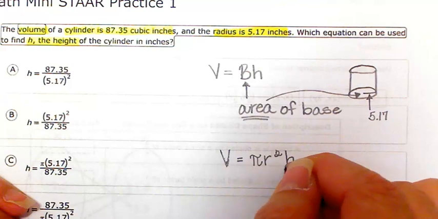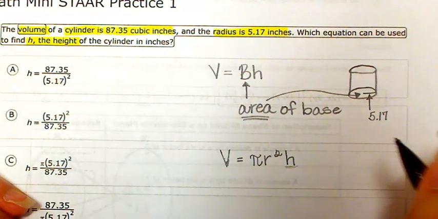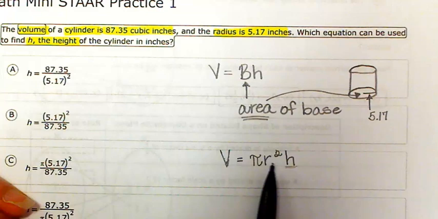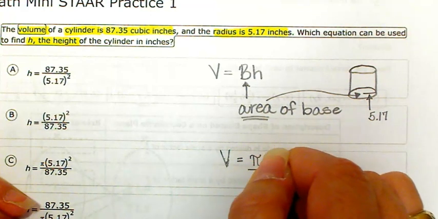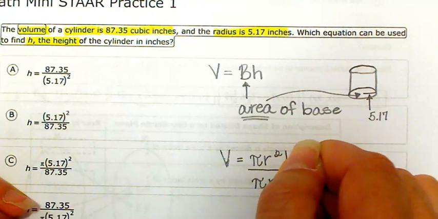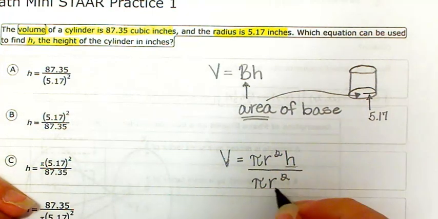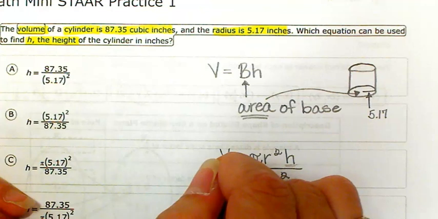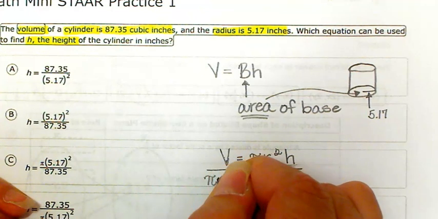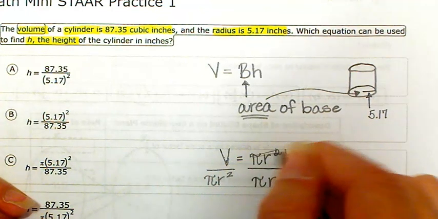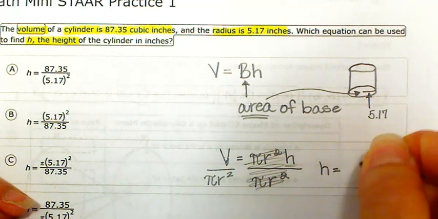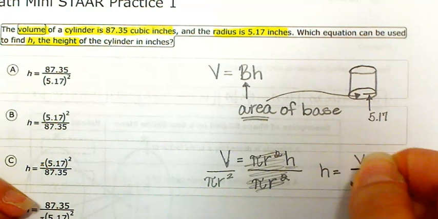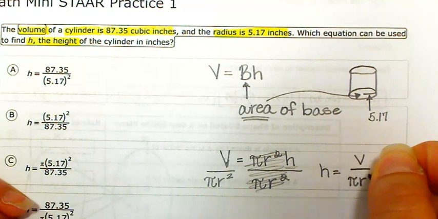If I want to leave h by itself and move everything else, well, all three of these things are multiplied together. So I'm going to divide by the two that I want to move, which is pi and r squared. But if I divide over here by pi r squared, I have to divide over here by pi r squared as well. That gets rid of that. Rewrite it. H equals volume over pi r squared.